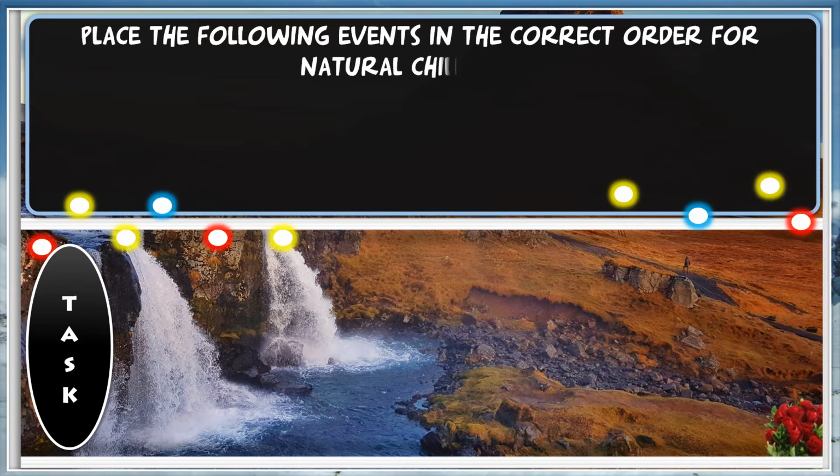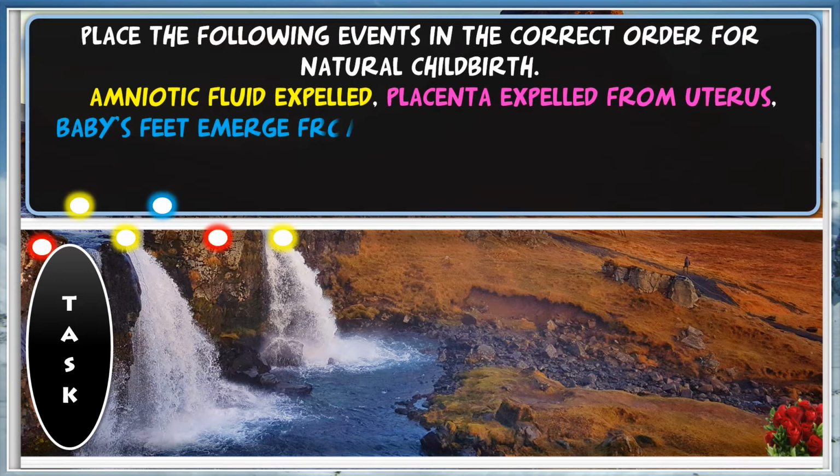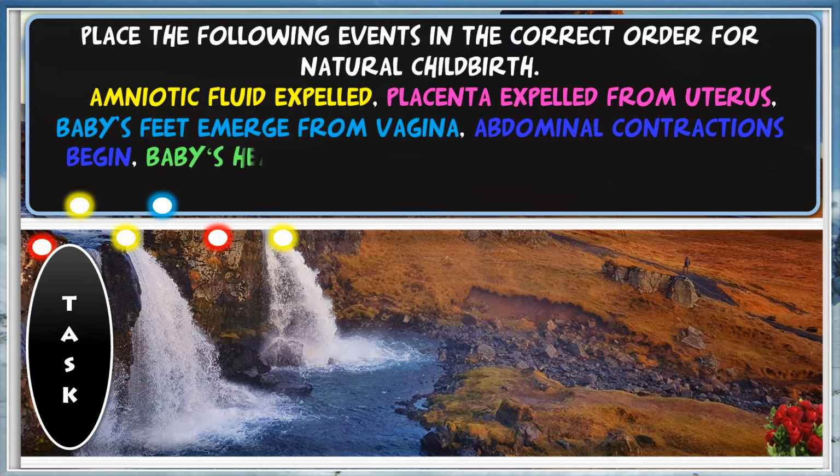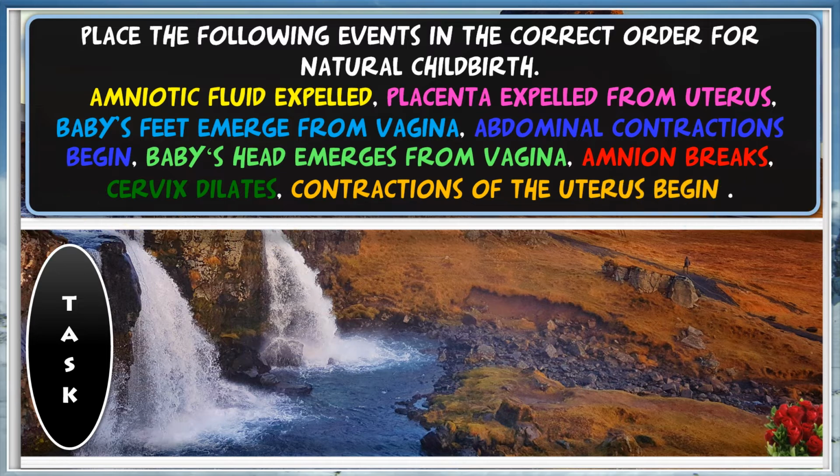Place the following events in the correct order for natural birth. Amniotic fluid expelled. Placenta expelled from uterus. Baby's feet emerges from vagina.